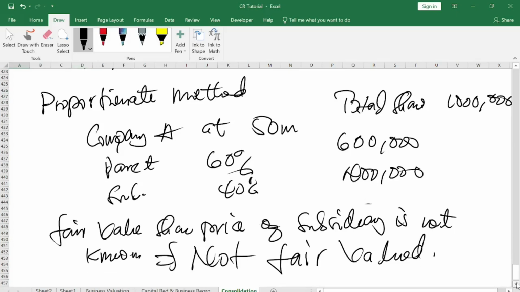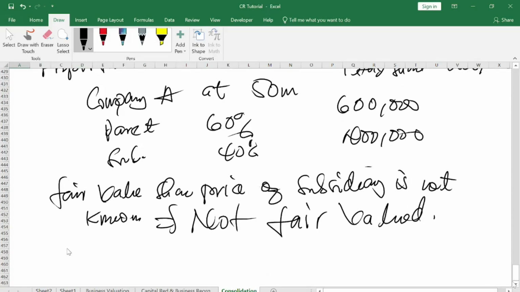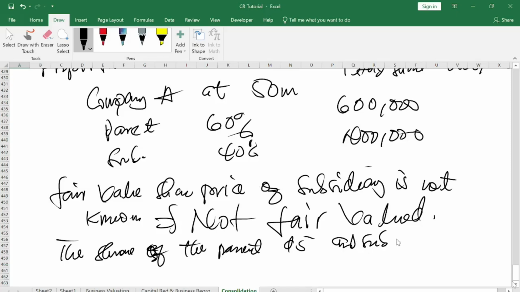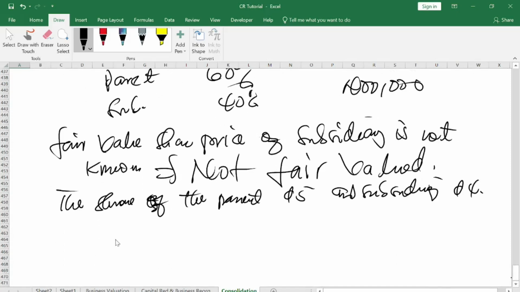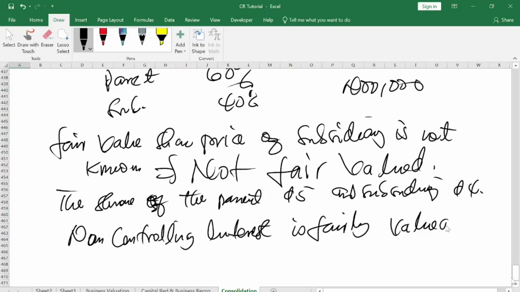But if in the question they say the share price of the parent is maybe 5 cedis, and the subsidiary is maybe 4 cedis, then they will further say that non-controlling interest should use fair value to determine that.